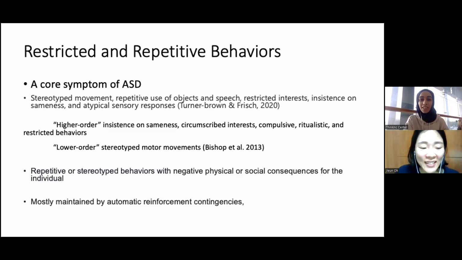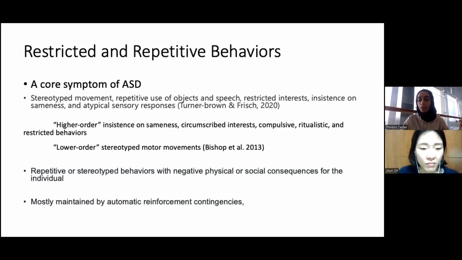Okay, so a core symptom of ASD, and in the papers, it is often described as stereotyped movement, repetitive use of objects and speech, restricted interest, insistence on sameness, atypical sensory responses.